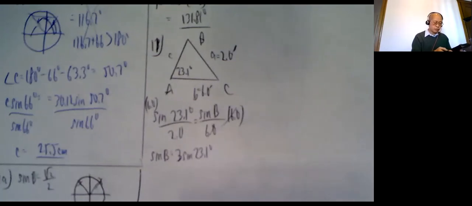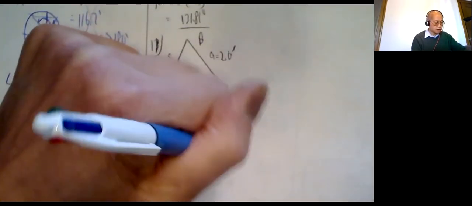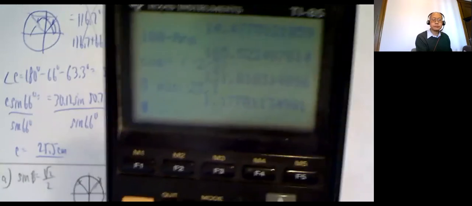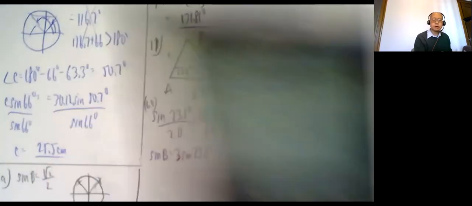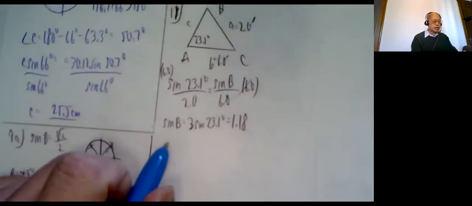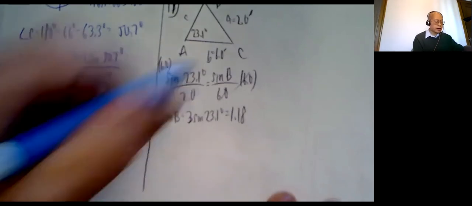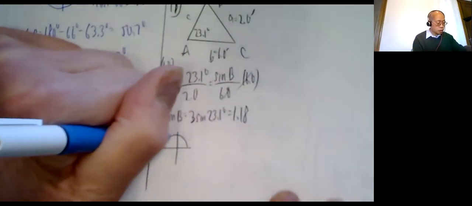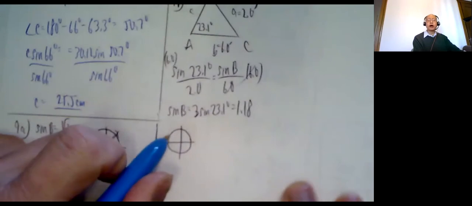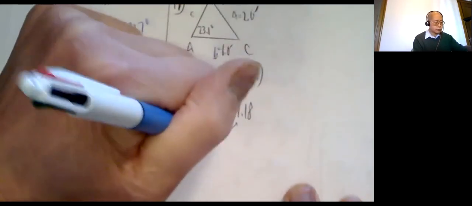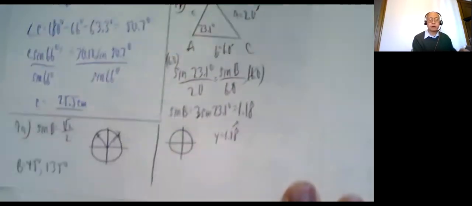3 sine 23.1 is 1.18. Sine of the angle is 1.18, that is, on a unit circle, the y coordinate is 1.18.